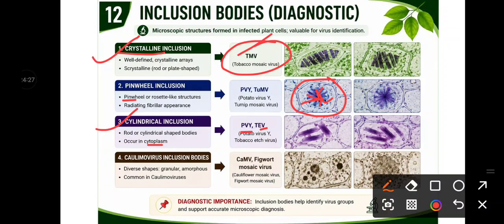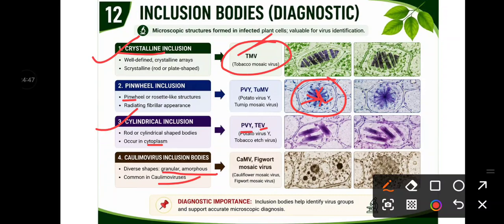Then the last, the granular or amorphous inclusion body, produced by cauliflower mosaic virus. So remember both the inclusion body types as well as their examples.